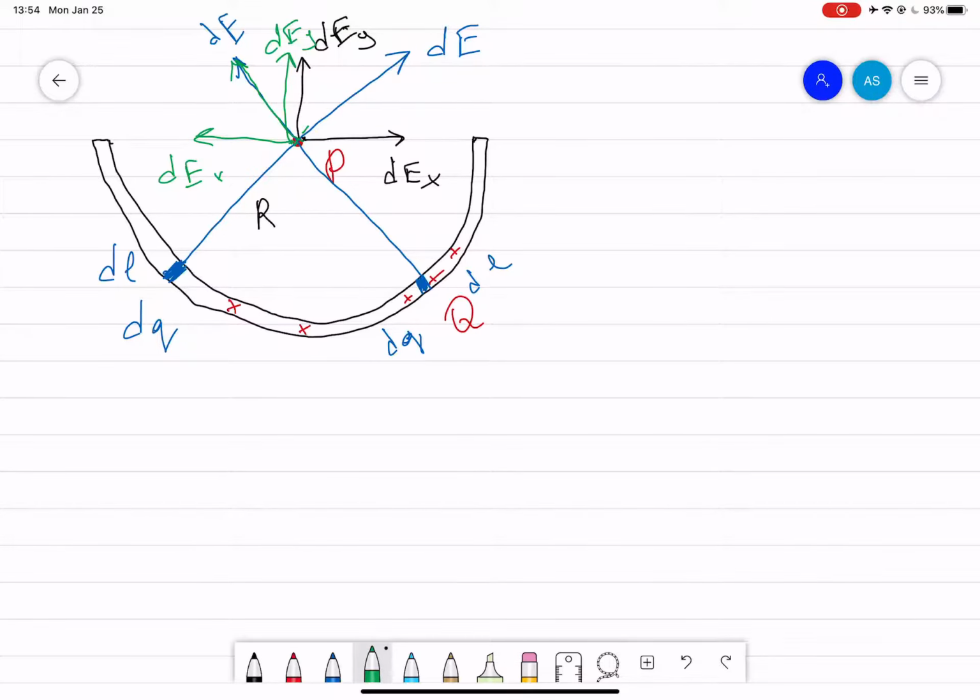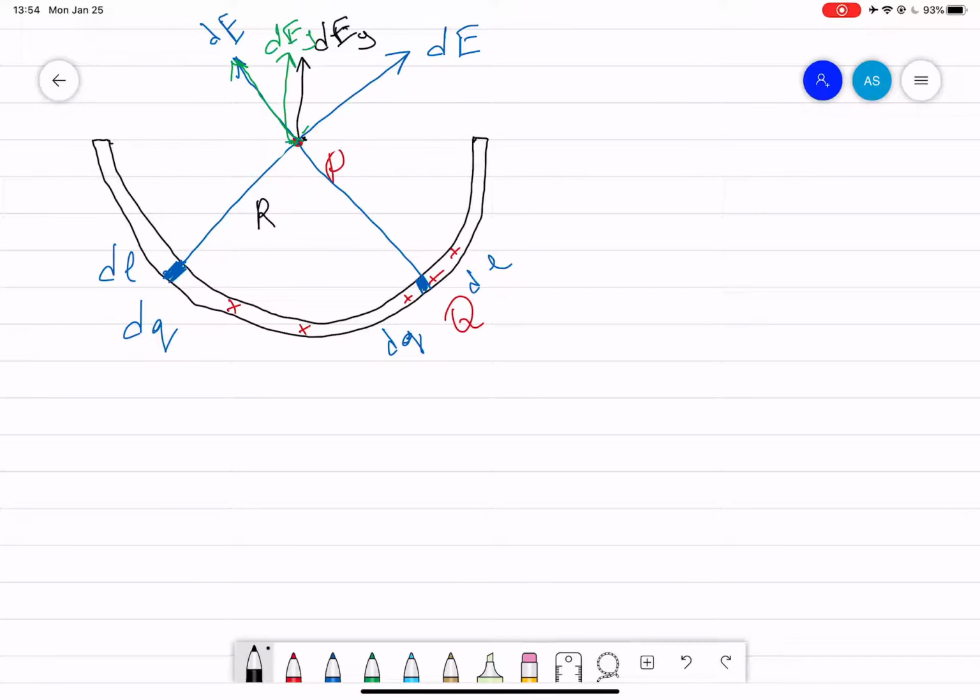As you can see, dEx has the same magnitude but opposite direction, so all the electric fields in the x direction will just cancel out.